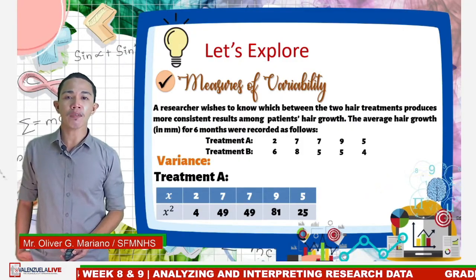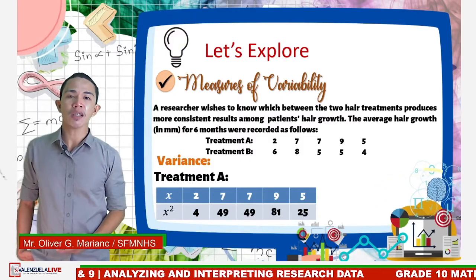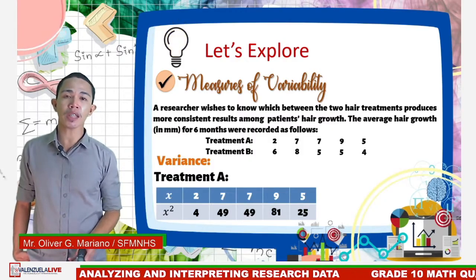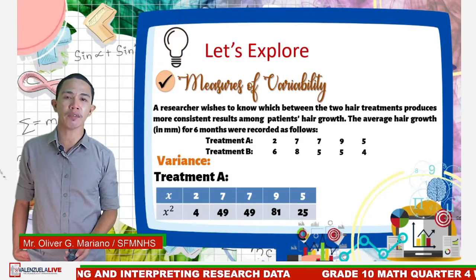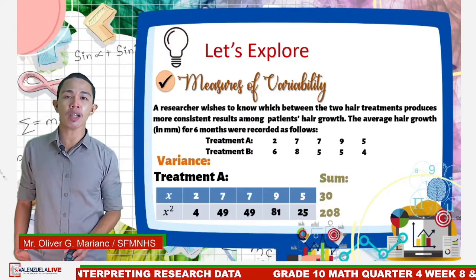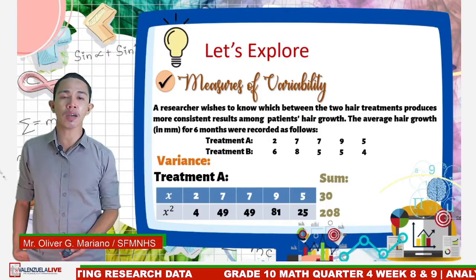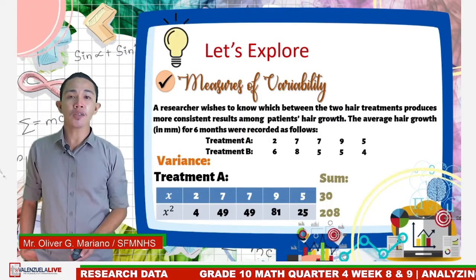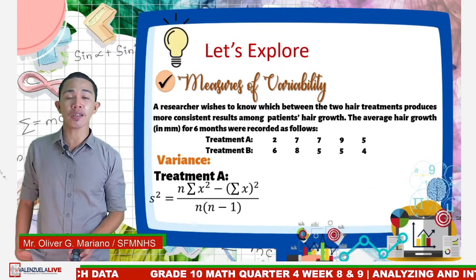So we have 2, 7, 7, 9, and 5, whose squares are 4, 49, 49, 81, and 25 respectively. The sum of all the x values is 30, while the sum of all the x squared values is 208. Using this, we can now solve for the variance using this formula.